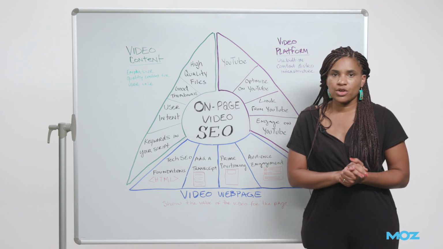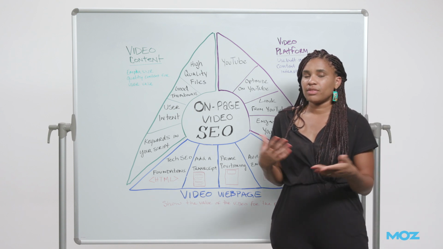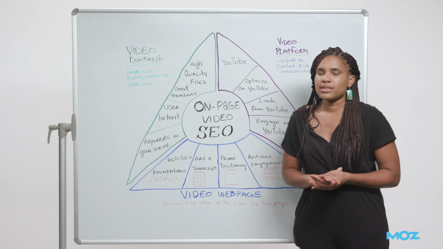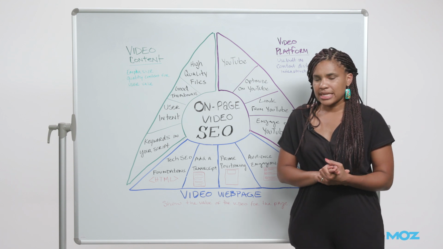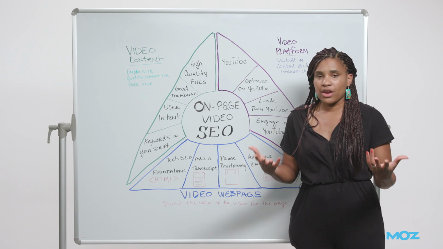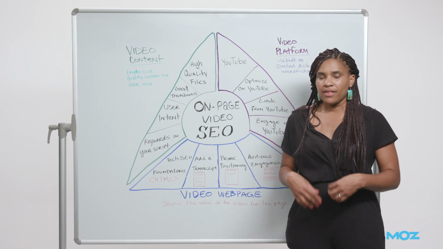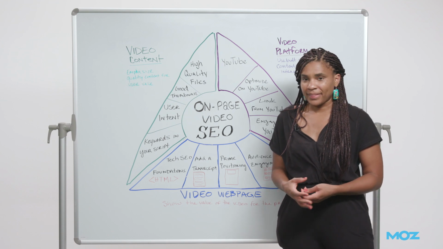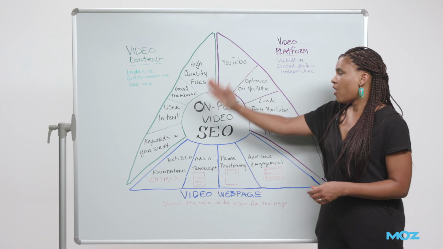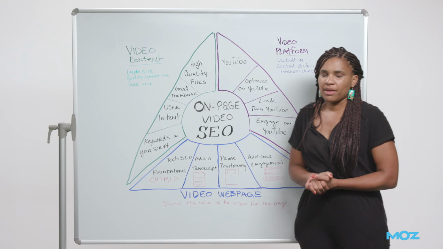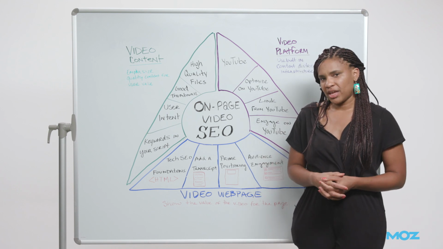If you don't have comments on your blog, then you might want to think about making sure that people can review the content. This is something you see a lot on recipe blogs, for instance, and it can add another layer of richness and help Google to understand that this is valuable content that people really appreciate. And I think if you bring all those things together, you can have some great results from on-page video SEO.